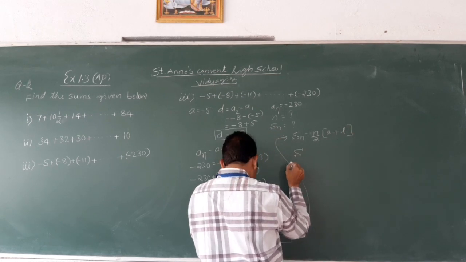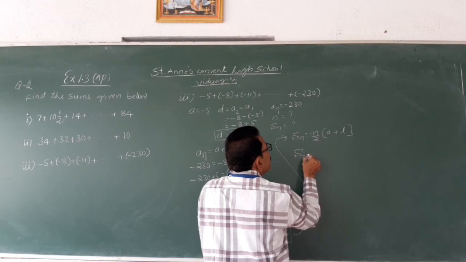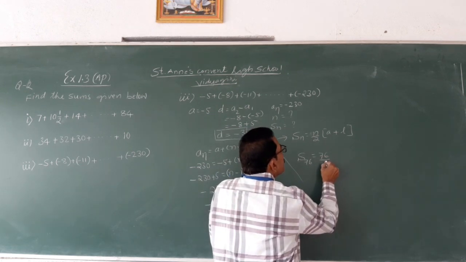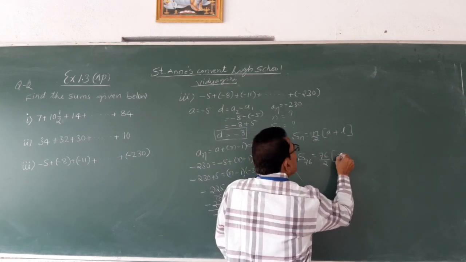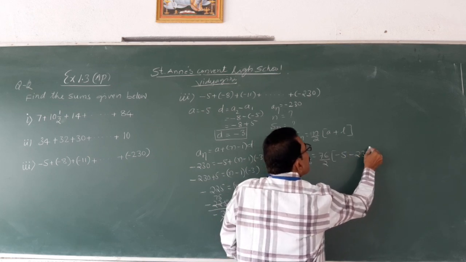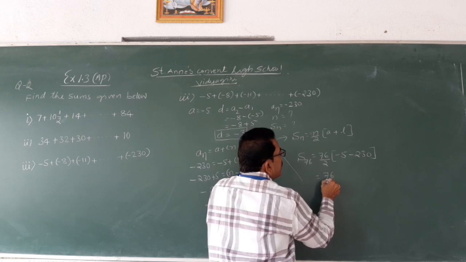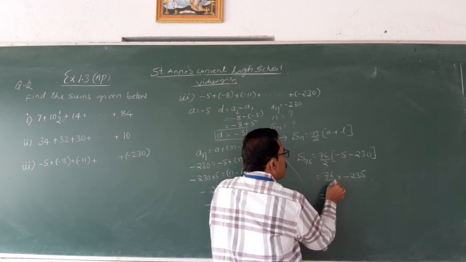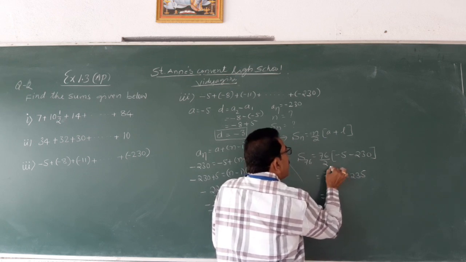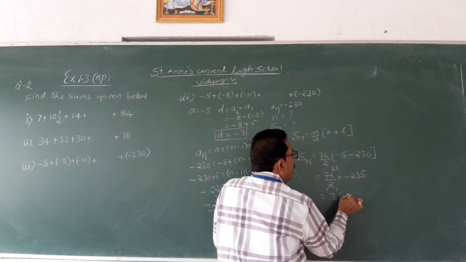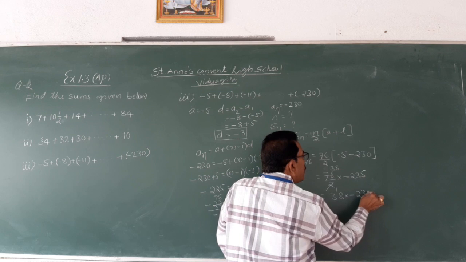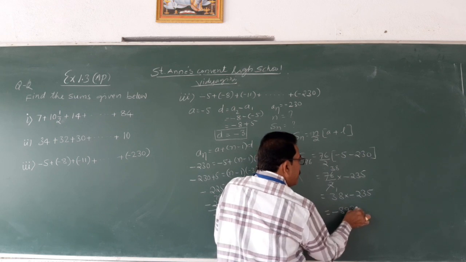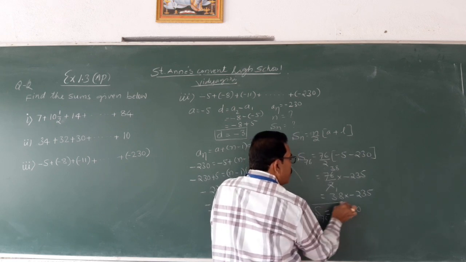How much did we get for n? n equals 76. So 76 by 2 into minus 235, that is 38 into minus 235, which equals minus 8930.